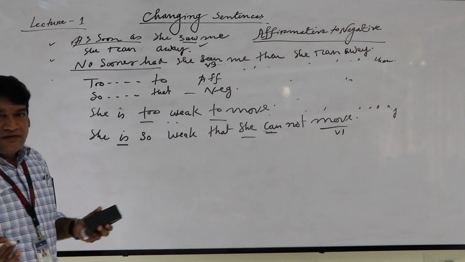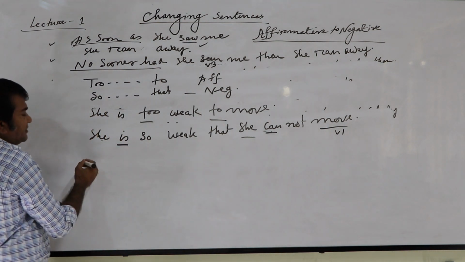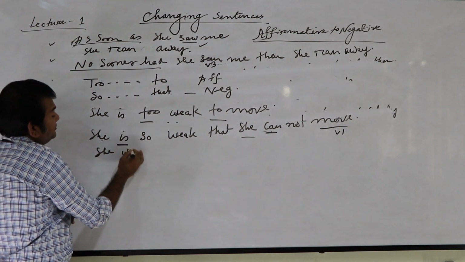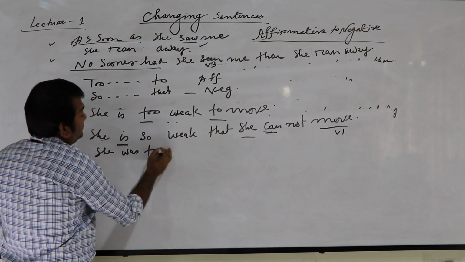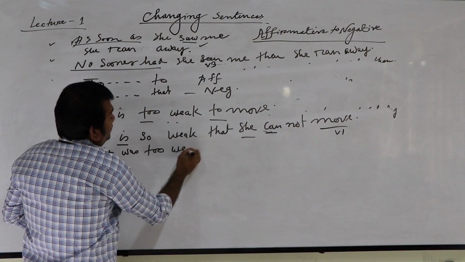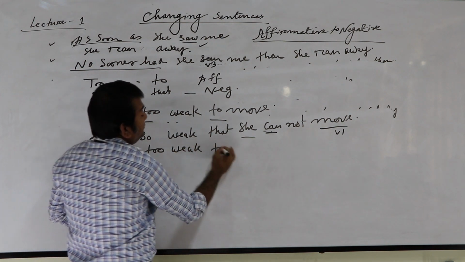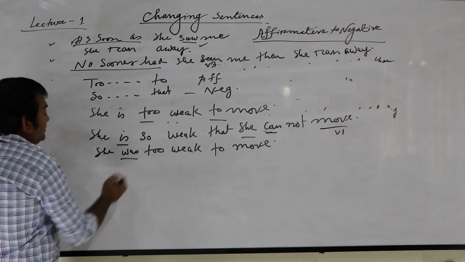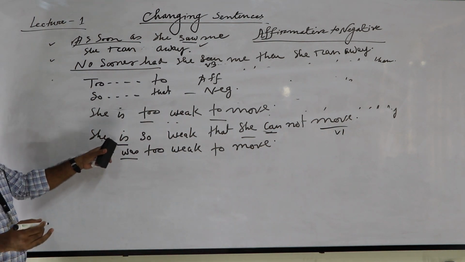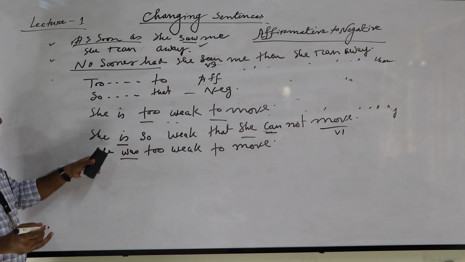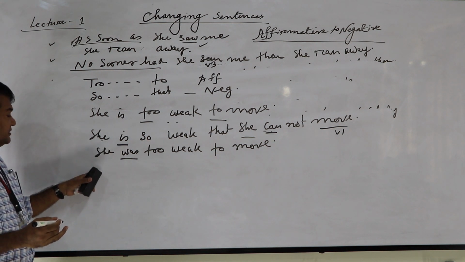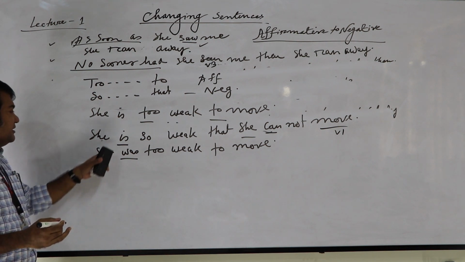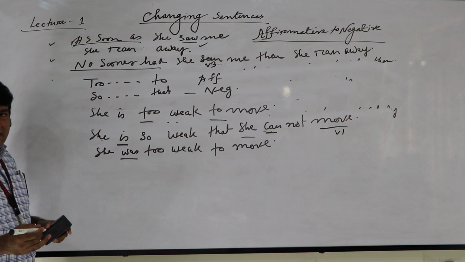And in the past, what should we do? Just like this sentence, she was too weak to move. We used is in the first sentence, but now I use was. That means was is the past tense of is, you know.